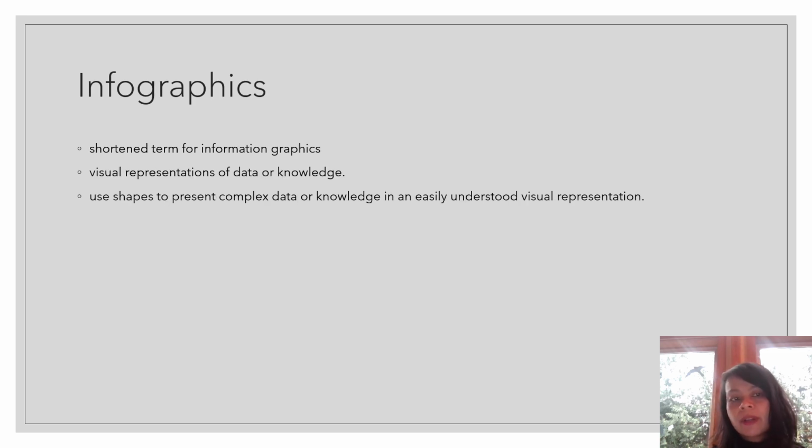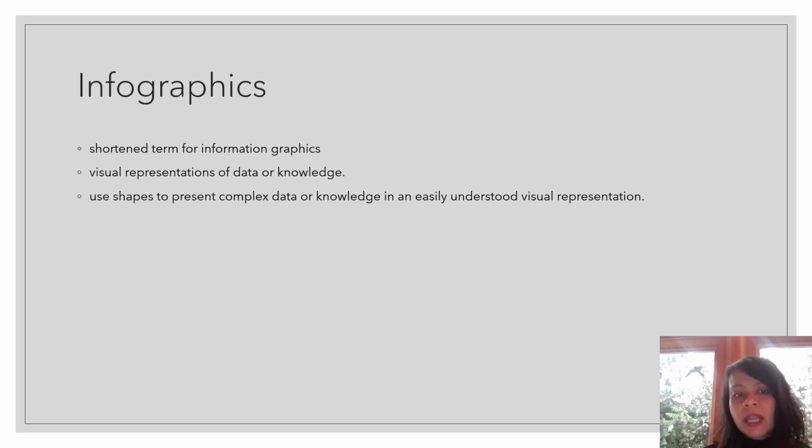So I mentioned the word infographics. I think we're all familiar with what an infographic is, but in case you're not, this slide explains what it is. So it's basically a shortened term for information graphics. So infographics is a visual representation of data or knowledge. You might have already seen infographics and shared them without knowing it's an infographic.